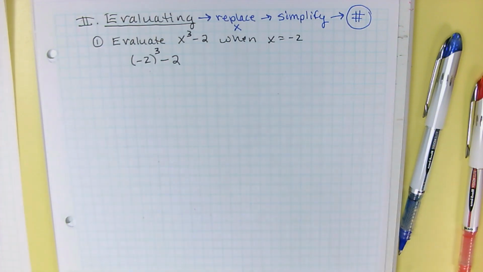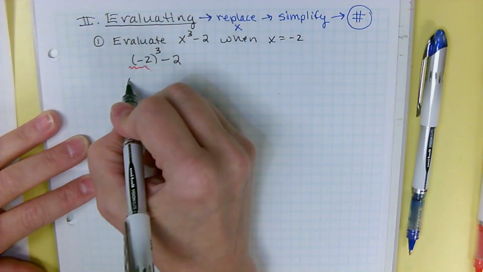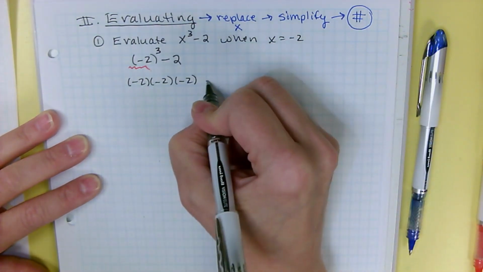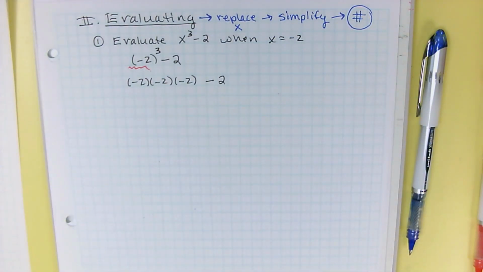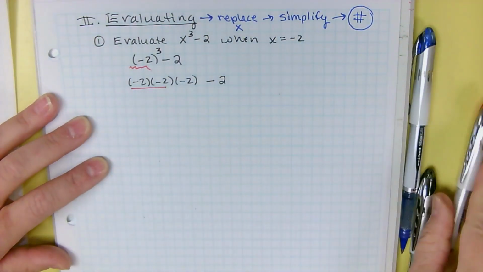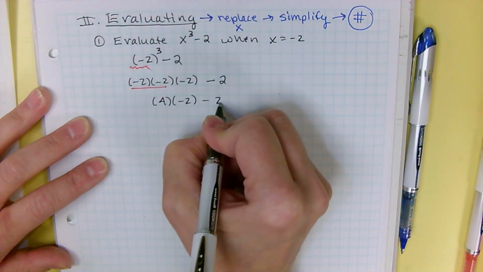Okay, so now we're back to order of operations. This is old stuff. Exponents first. So negative 2 cubed is negative 2 times negative 2 times negative 2. I'll just bring down the minus 2. So we're going to multiply from left to right. Negative 2 times negative 2 is a positive 4. Recopy the rest.